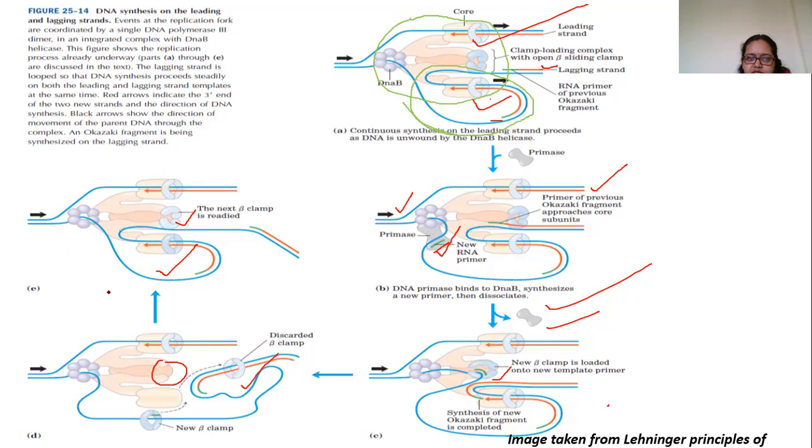Because this polymerase is not fixed at one place, it will move along the moving strand, along with the synthesis of the leading and lagging strand. So it is positioning itself to a new place. In order to complete the lagging strand synthesis, it has to move from one Okazaki fragment to the next fragment.